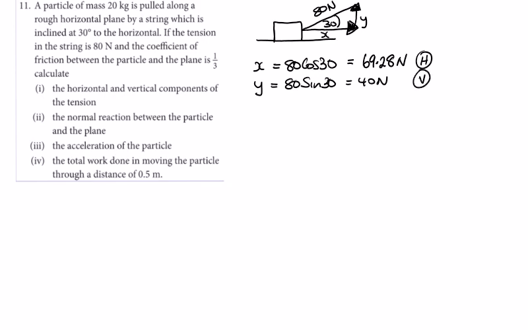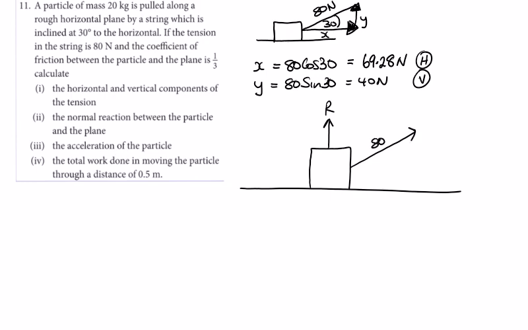Second question, the normal reaction between the particle and the plane. So I'll just do a bigger diagram down here. Here's my normal reaction. I've got my 80, I've got my 69.28, I've got my 40, mu R going this way.